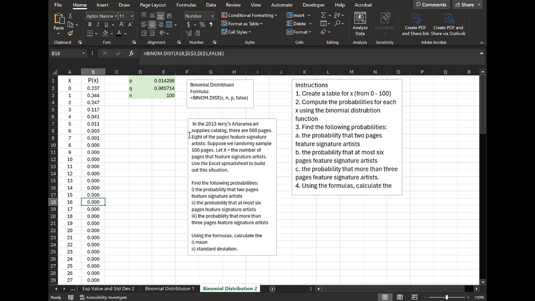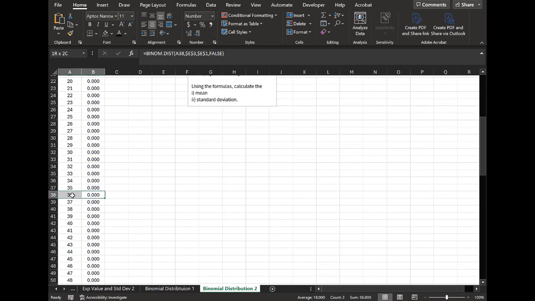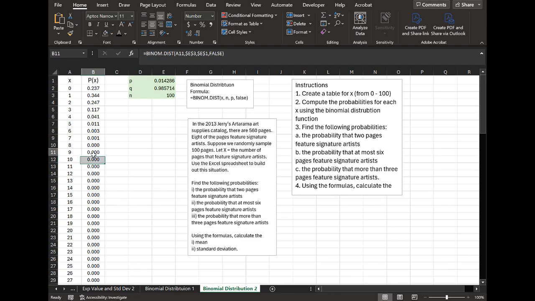There's no way, if there's only 8 pages total that feature signature artists, I cannot get 36 signature artist pages, right? It just doesn't exist. So when you get these results, you want to take a second to ask yourself if that actually makes sense.